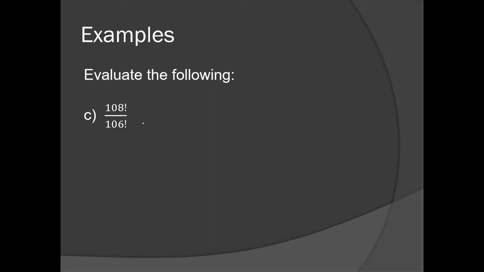How would we evaluate an expression like this? Well, we use the definition of factorial. We can rewrite the top as 108 times 107 times 106 all the way down to 1. However, 106, 105, 104 all the way down to 1, that's just the very definition of 106 factorial.